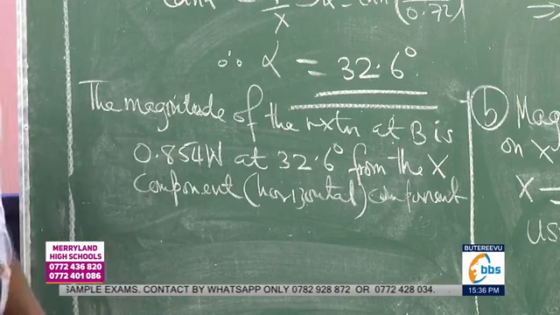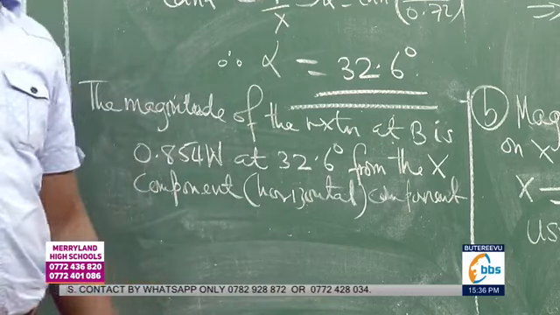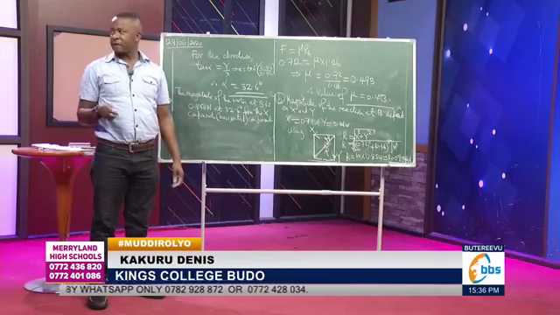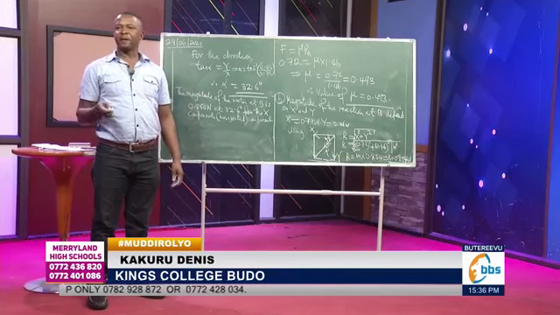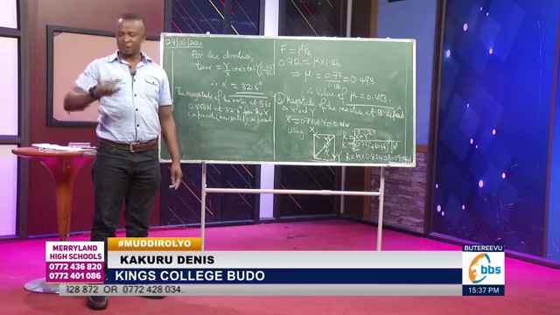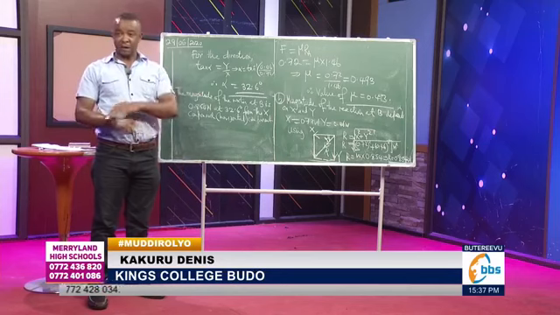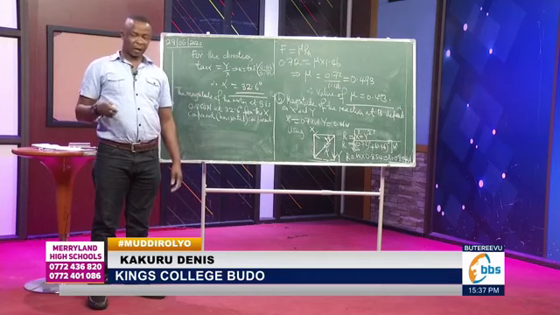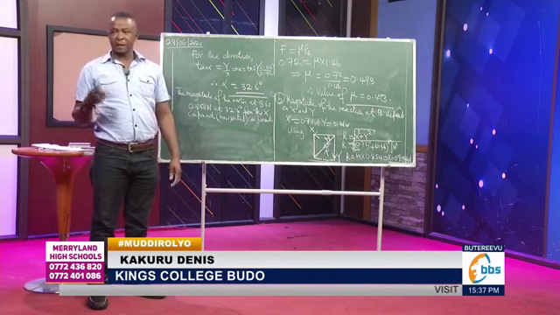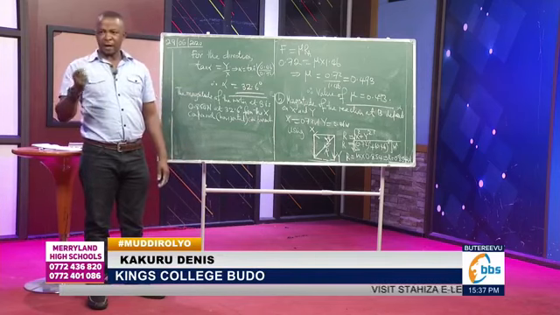For the next number, I will request my producer to go to question number 2 and the homework. And my dear students, I will simply give you the answers for that number so that we can look at yet another number. Can we? Yeah.